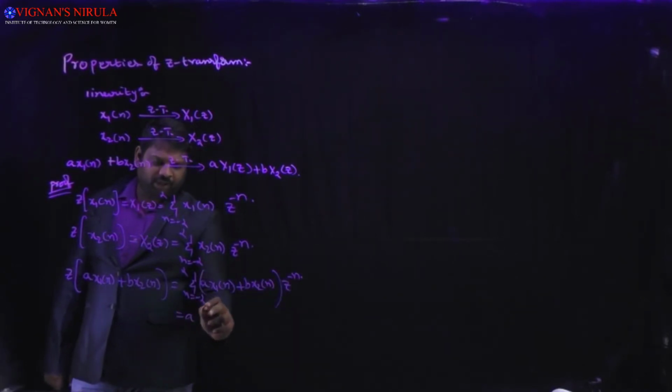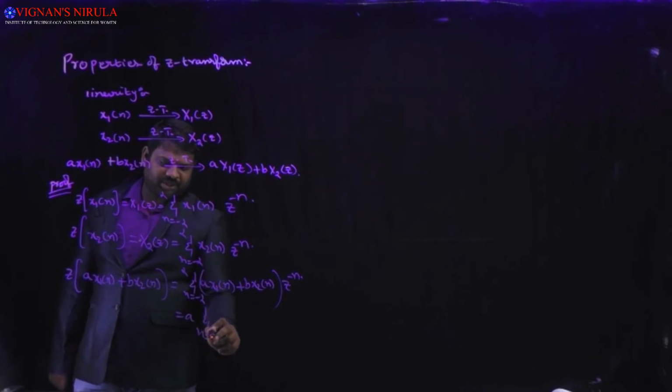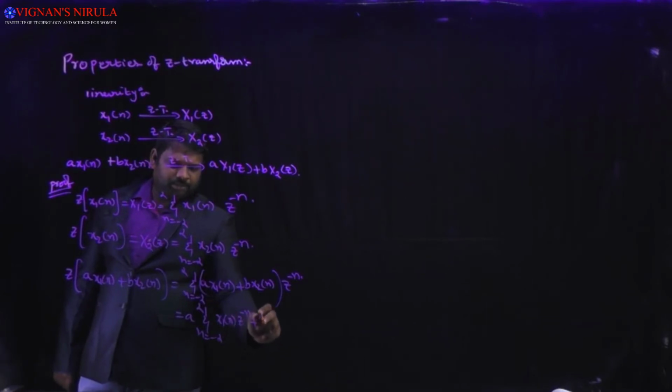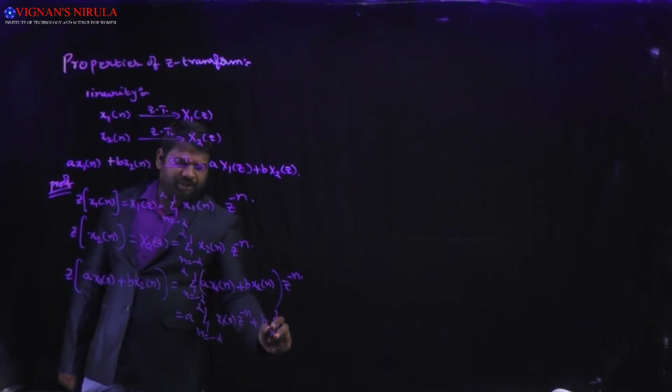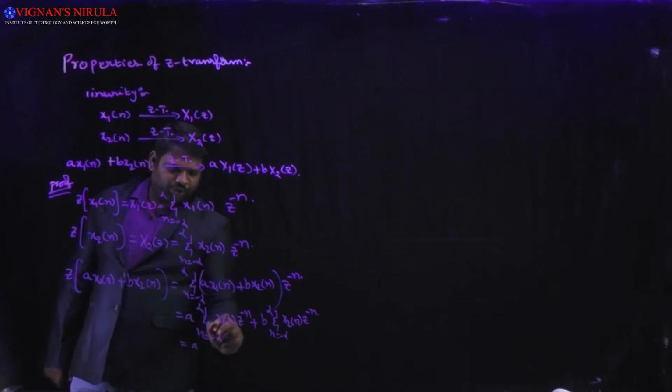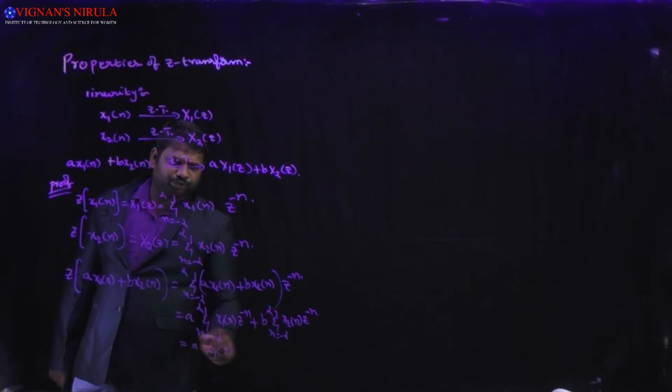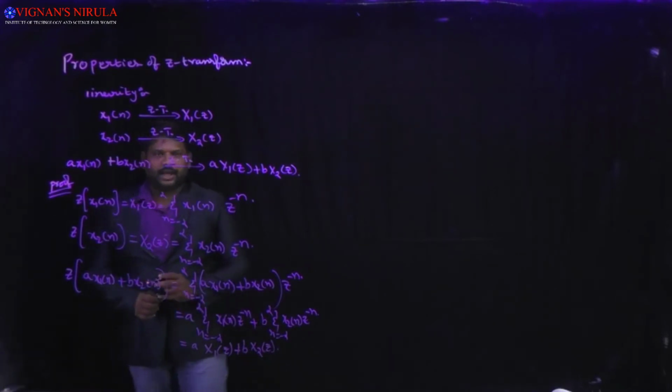Therefore, keeping the a outside, we have summation n varies from minus infinity to infinity, x1 of n into z power minus n, plus b into summation n varies from minus infinity to infinity, x2 of n into z power minus n. Therefore, a into this entire thing, which is our first Z transform x1 of z, plus b into x2 of z, is the linearity property.